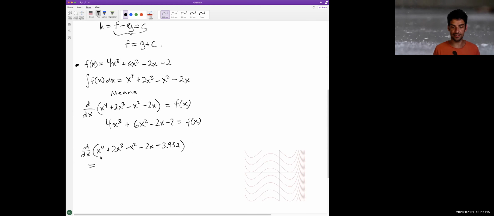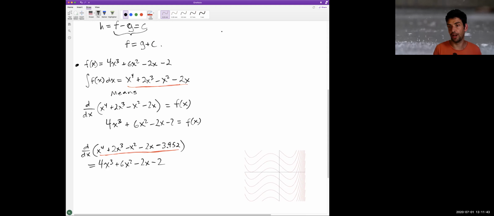Well, if I take this derivative, I get 4x cubed plus 6x squared minus 2x minus 2. The constant disappears. We have the same derivative. So both of these functions, this first one I wrote down here and this one I wrote down here, are antiderivatives of lowercase f, right?